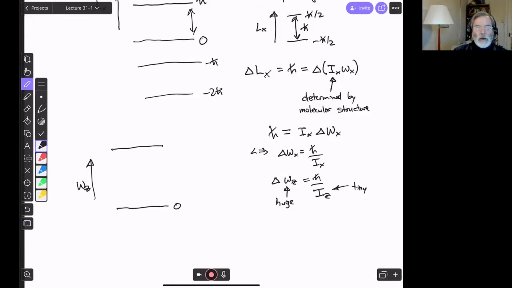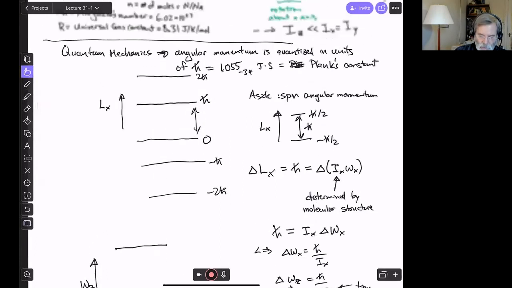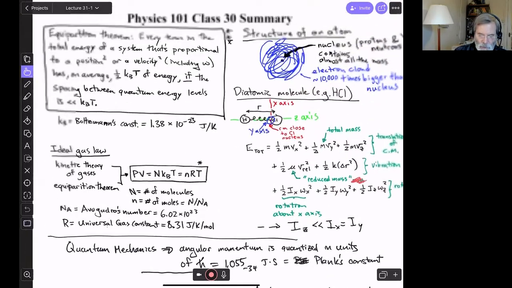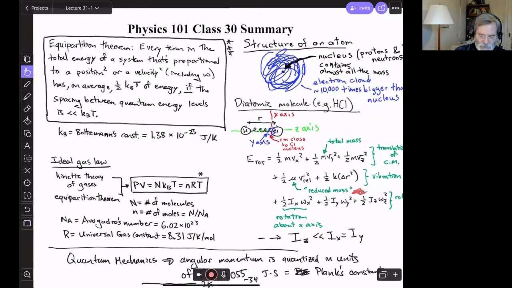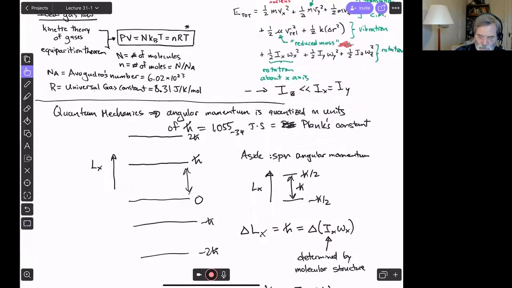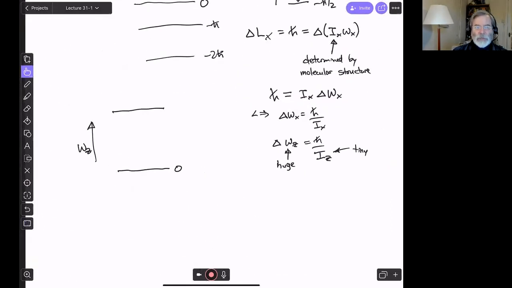So now let's think about the consequences of that for the equipartition theorem. The equipartition theorem again talks about, in order to have this thermal energy, the spacing between quantum energy levels has to be much less than k_B T. So let's think about the spacing between quantum energy levels for rotations about the z-axis.